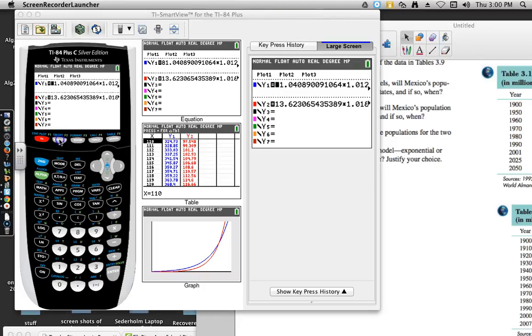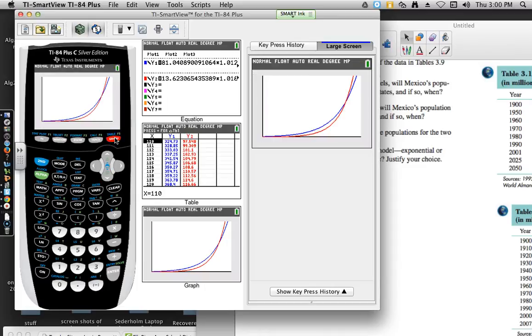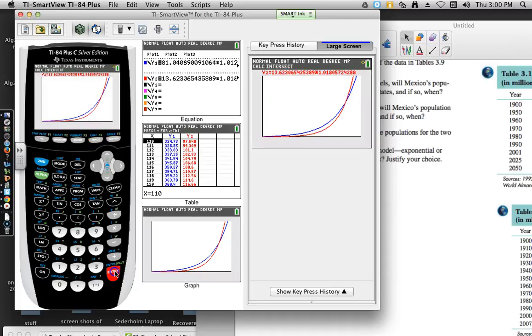So I did some tweaking here in the window. And if we go from 0 to 400 for the number of years, and the Y max gets increased huge, we're talking about 10,000 million here, then when we graph, we can see an intersection. So second trace, number 5, enter 3 times.